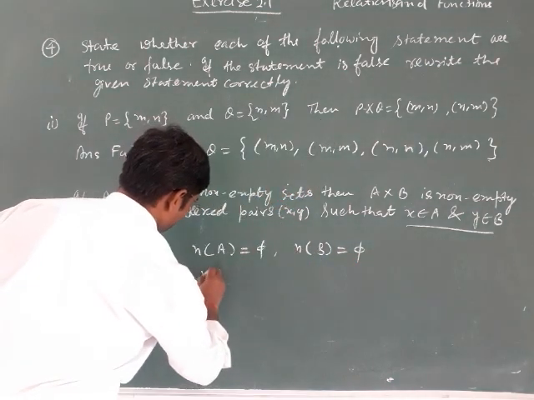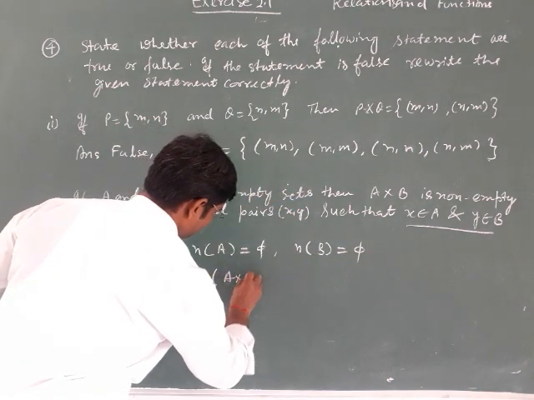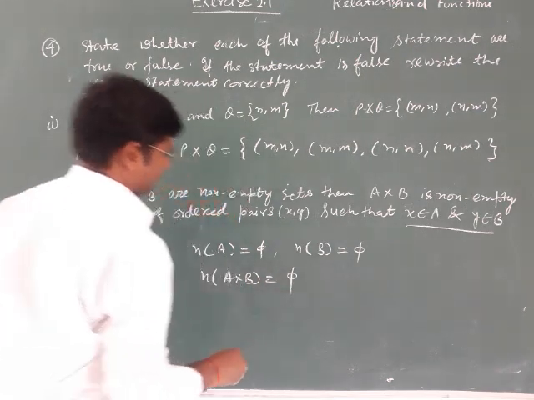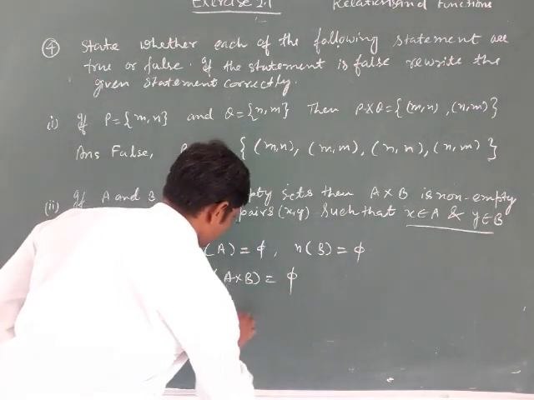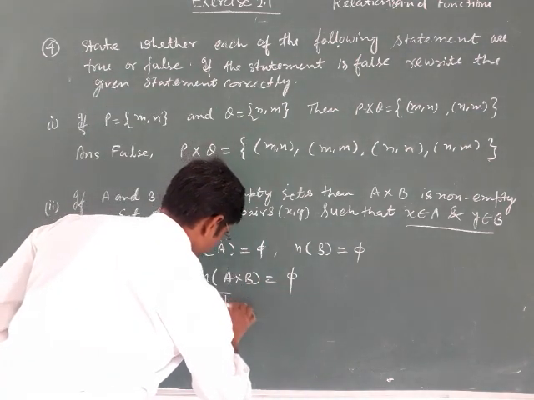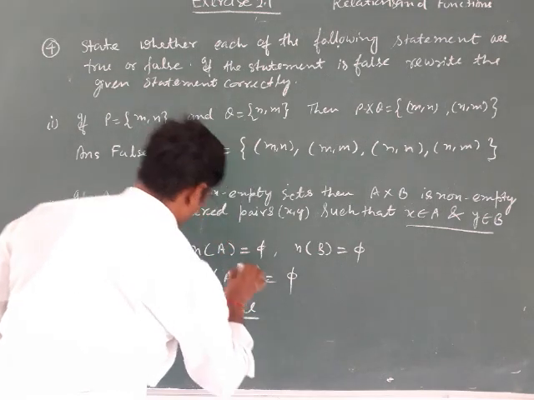So the number of elements in A cross B is also non-empty. This is true.